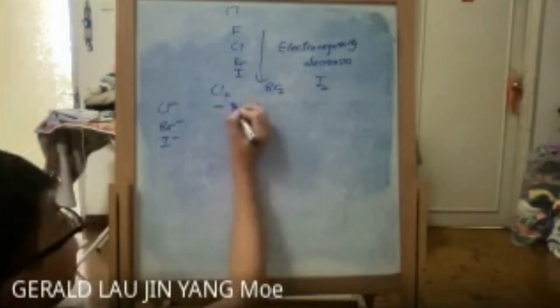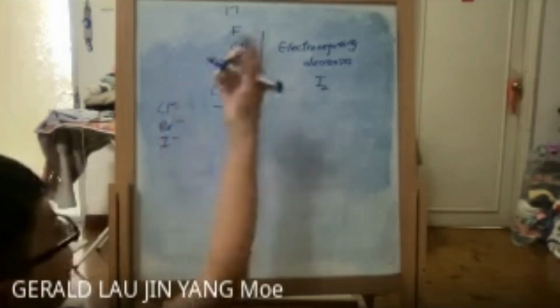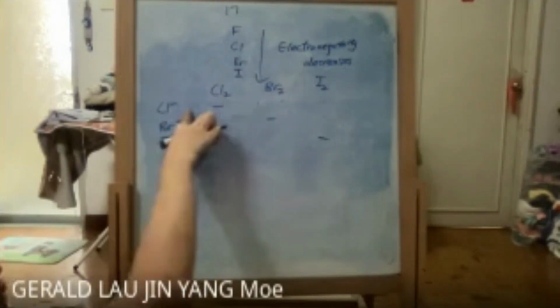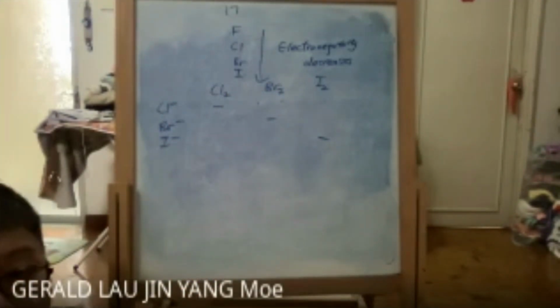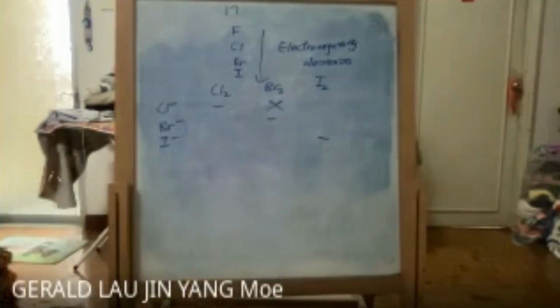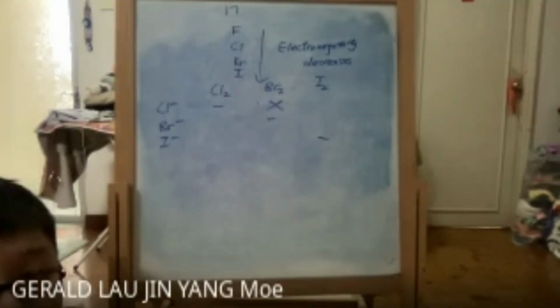This one, of course, not possible because chlorine and chloride is the same thing. Can bromine displace chloride? No. Iodine displace chloride? No.